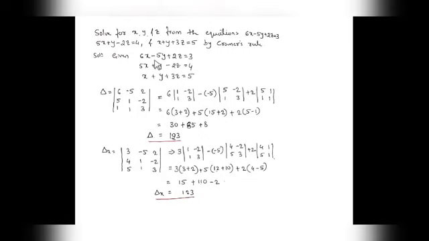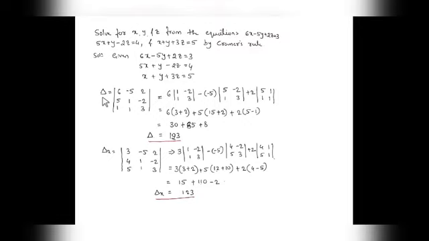Given 6x minus 5y plus 2z is equal to 3, 5x plus y minus 2z is equal to 4, x plus y plus 3z is equal to 5. I have written the given three simultaneous linear equations.